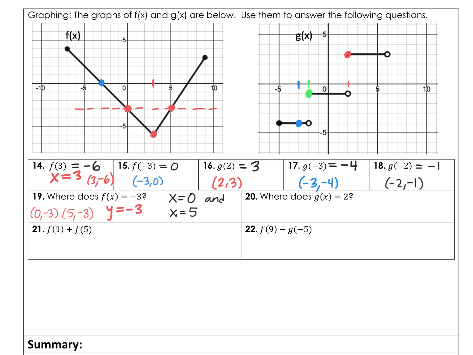Can you chat with your table about 20? Where does g of x equal 2? There's 2. It's that red dashed line. Where does that graph hit at 2?